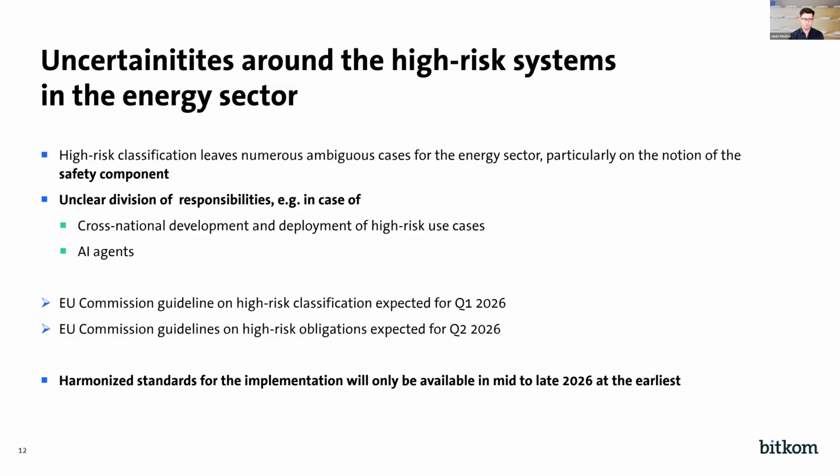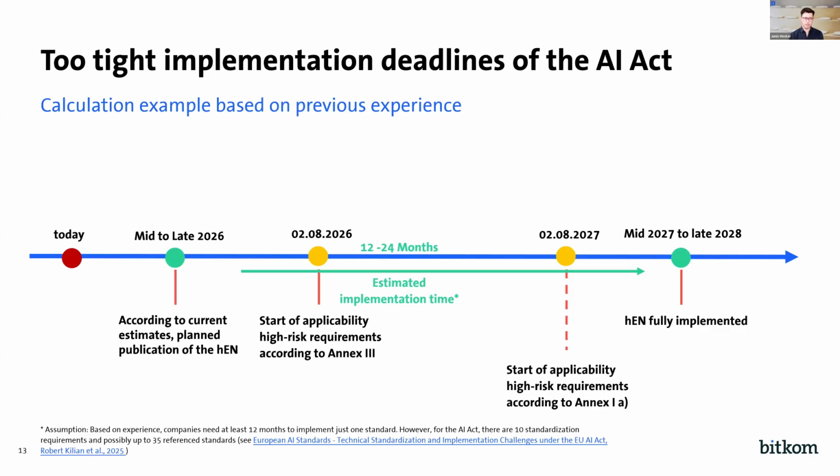So the timeline actually says that the current planning of this standardization committee is that the harmonized European standards on all the different AI Act high-risk requirements will not be published before mid to late 2026.